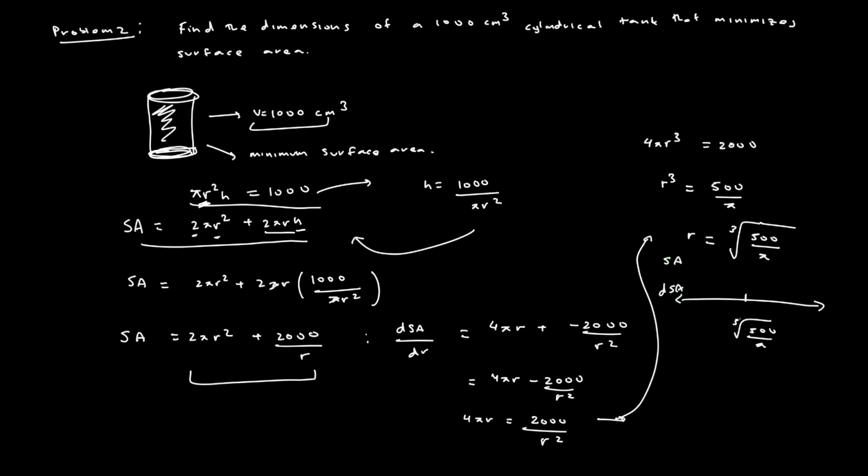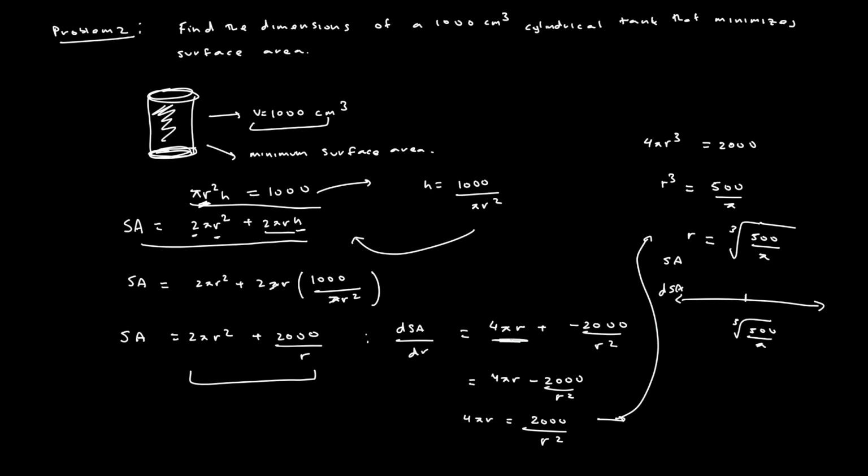When r is less than that value, we know that the derivative is negative, because let's just take 1 as r, for example.